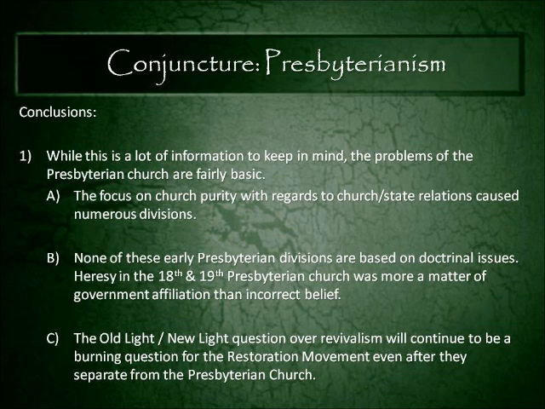First, the problem that is facing the church is one of church-state problems. Not a single one of these divisions is based on doctrine. None of them are saying, one of these groups is denying the total depravity portion of Calvinism, for example, or the limited atonement problem. All of these groups are fine on their doctrine.